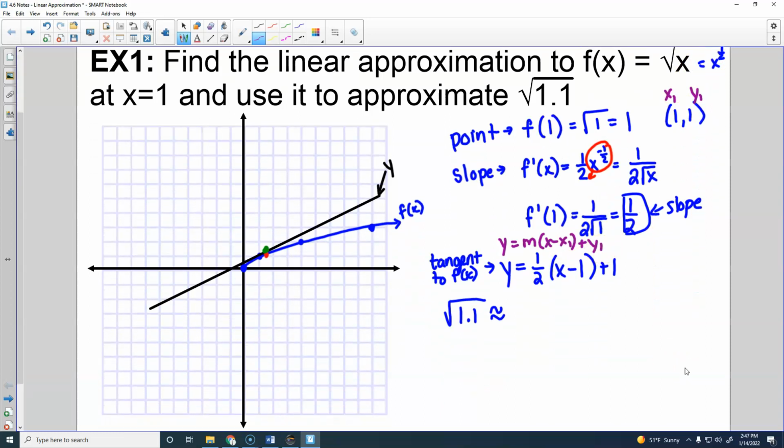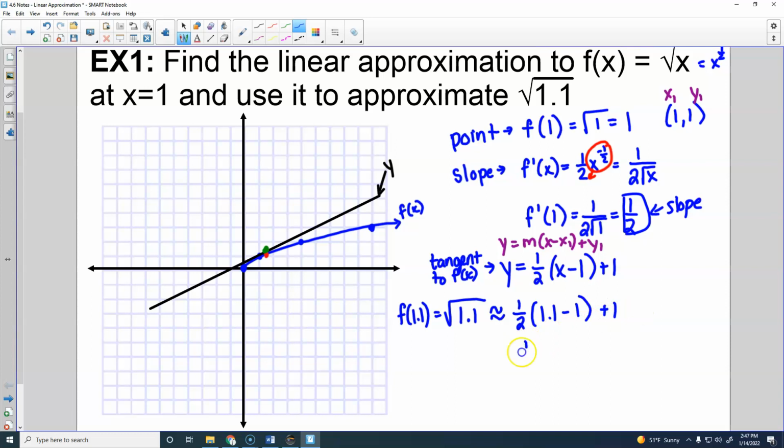All right, so if we want to approximate the square root of 1.1, which I could also label, if I wanted to, as f of 1.1. So we're looking for the square root of 1.1. It's not going to be exact, but we could approximate it by doing 1/2 of 1.1 minus 1 plus 1.